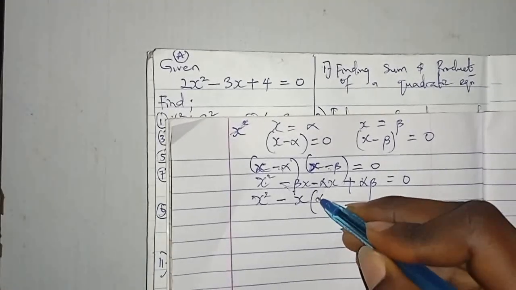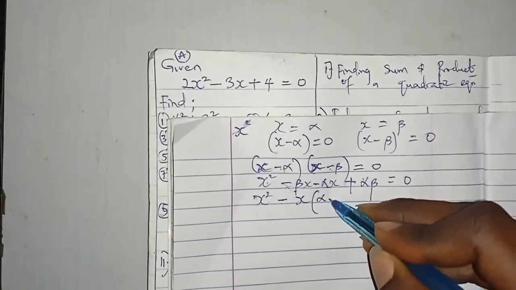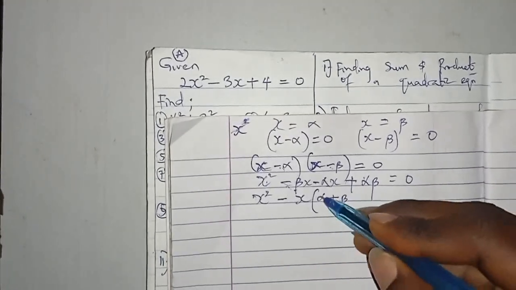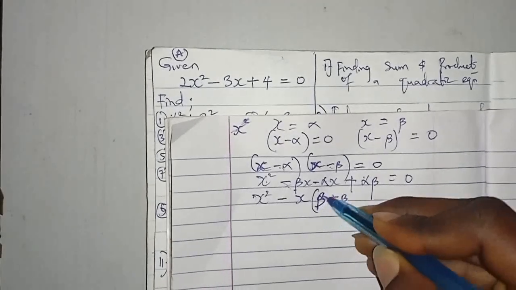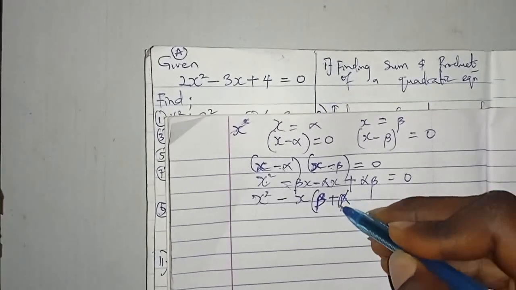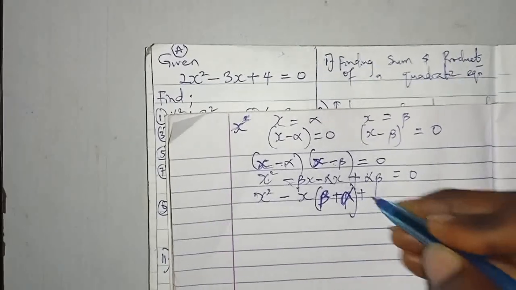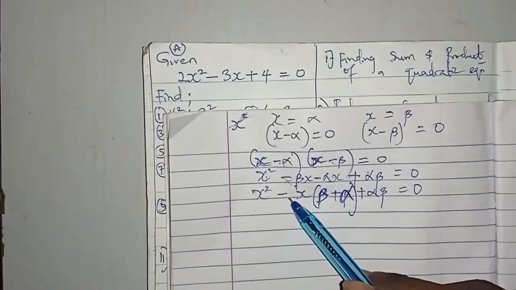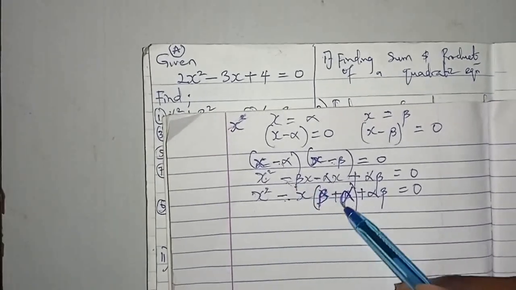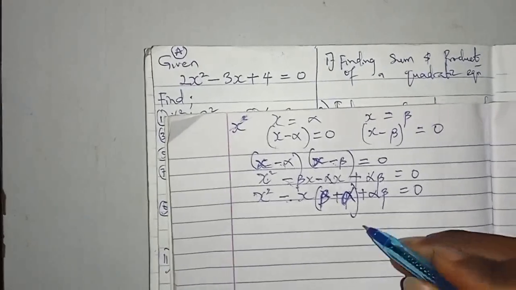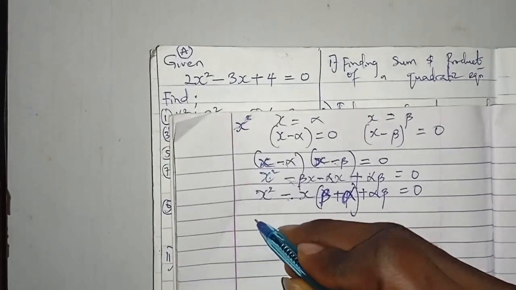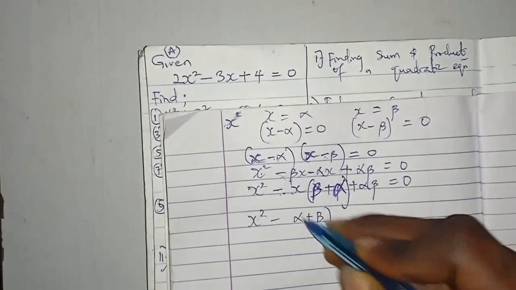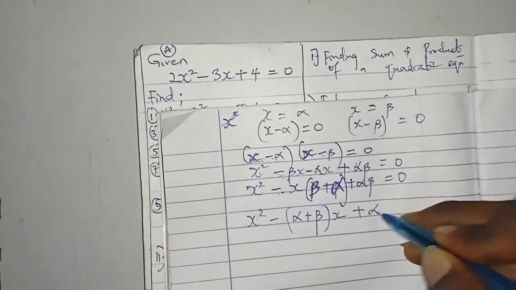So I have alpha plus beta, or you say beta plus alpha, whichever way you want to do it, plus alpha beta all equals 0. If you carry this times this, you get this. Carry this times this, you get this. So that means x squared minus alpha plus beta x plus alpha beta.